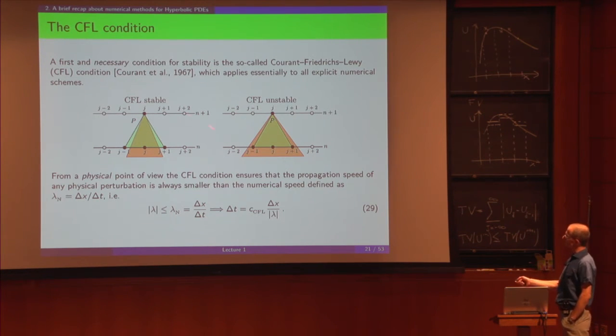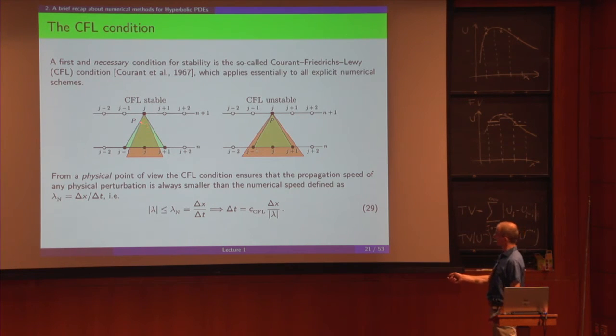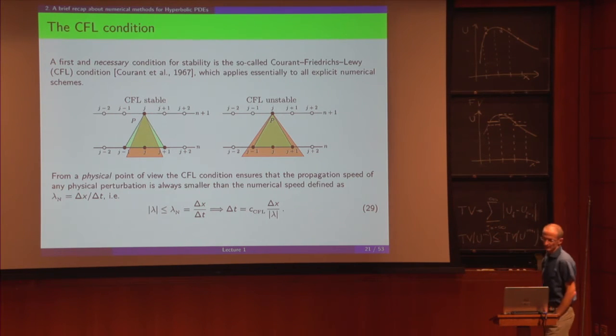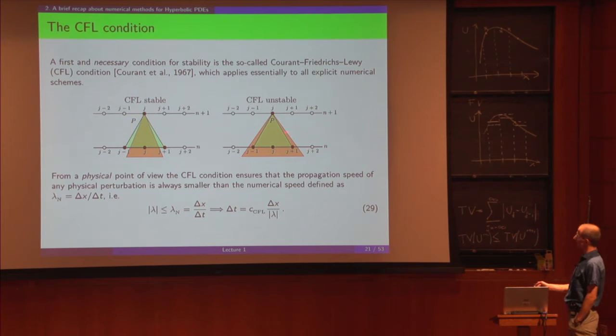So for example, this is a CFL stable scheme because the green area below, which is the numerical domain of dependence, includes the true domain of dependence. So any point J here can only depend on a point in the orange area, and this is a CFL stable scheme. On the other side, you have an example of a CFL unstable scheme.